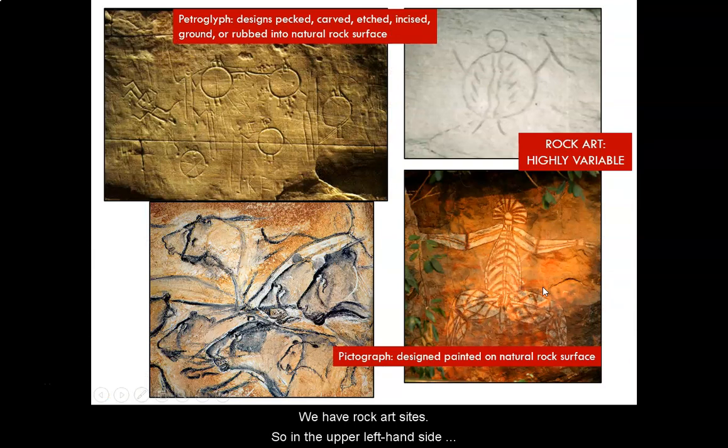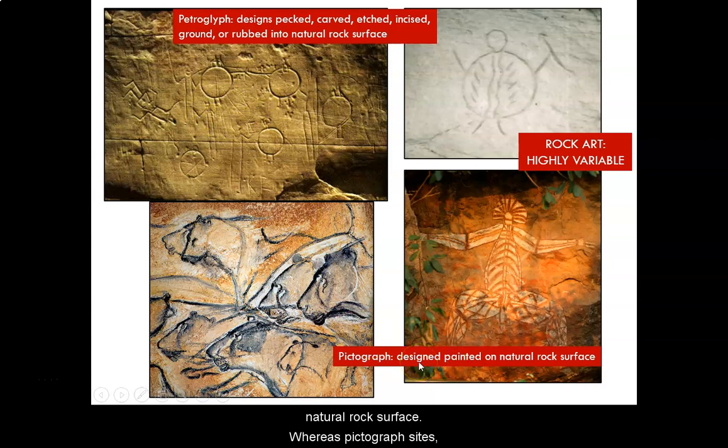We can have rock art sites. So in the upper left-hand side, we have some petroglyphs from Writing-on-Stone National Park, found here in southern Alberta. And petroglyph sites are where the designs have been pecked, carved, etched, incised, ground, or rubbed directly into the natural rock surface.